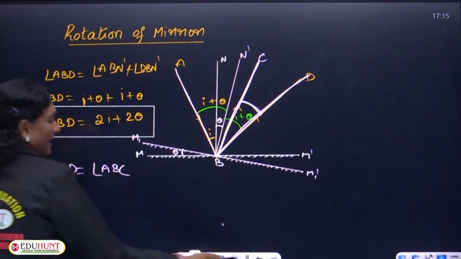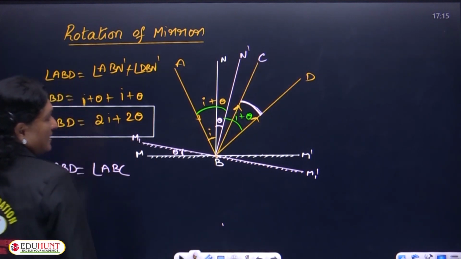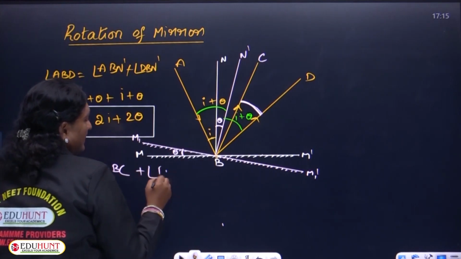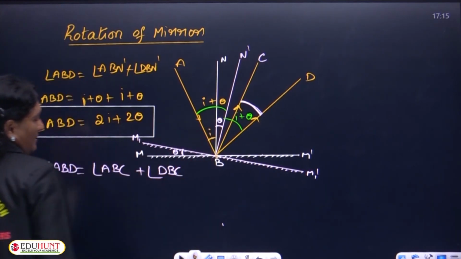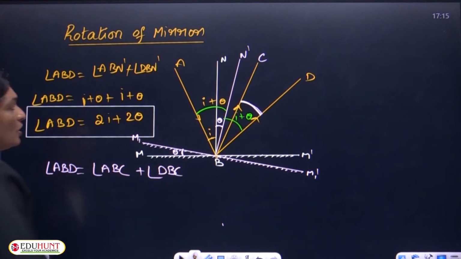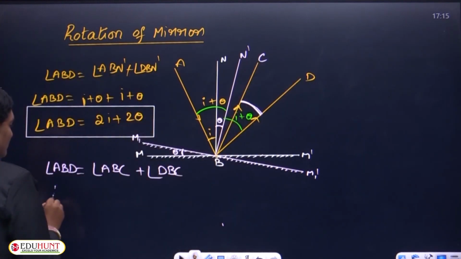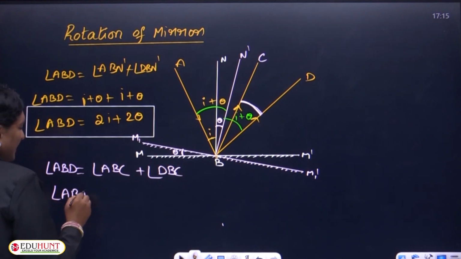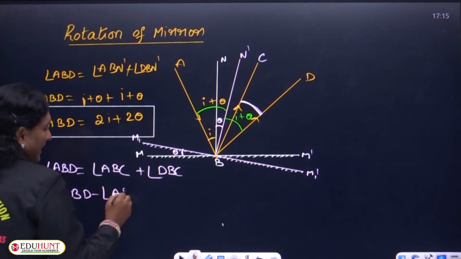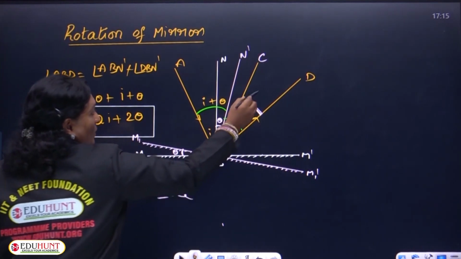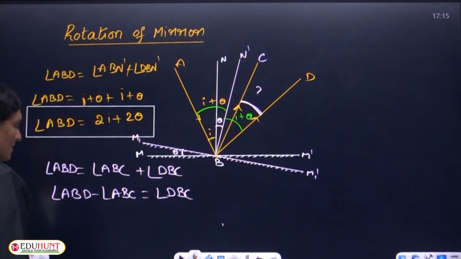So, angle ABD can be written as angle ABC plus angle DBC. Clear? In order to find out the angle DBC, we have to find out angle ABD minus angle ABC will give you the value of DBC. This is what we need to find out.